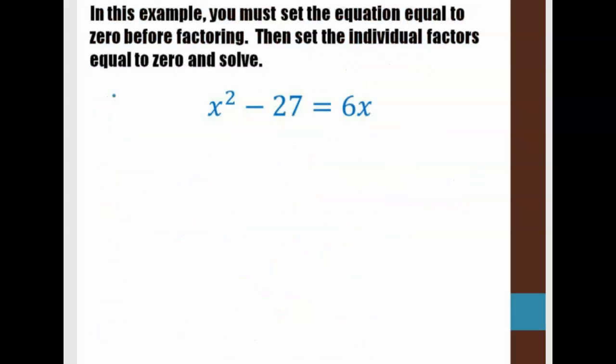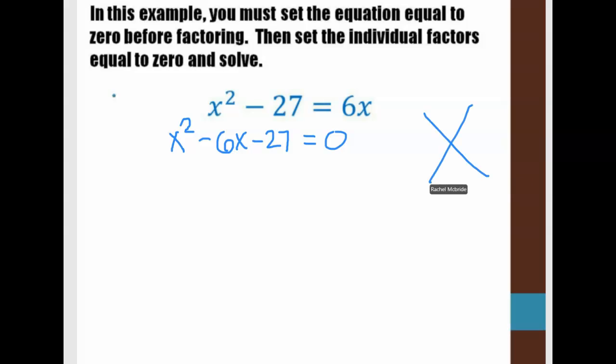Okay. So in number 2, we have x squared minus 27 equals 6x. Once again, I need to get that set equal to 0, so I'm going to subtract 6x. Then I'm going to factor. What's nice about this one is that the a value is 1. So it's two numbers that multiply to negative 27 and add to negative 6.